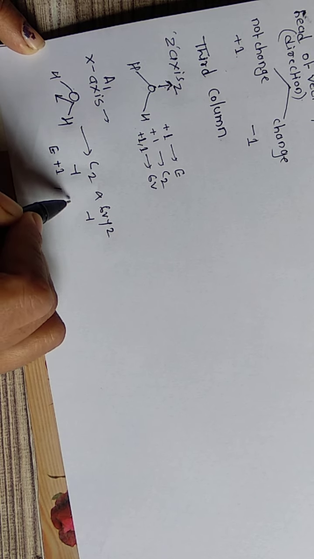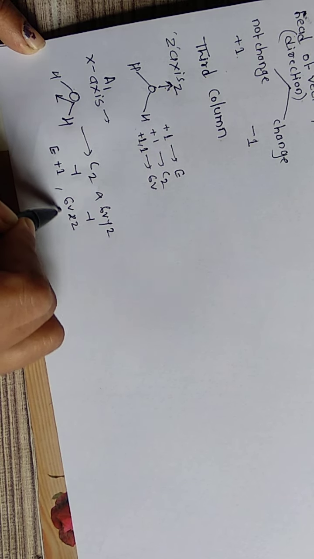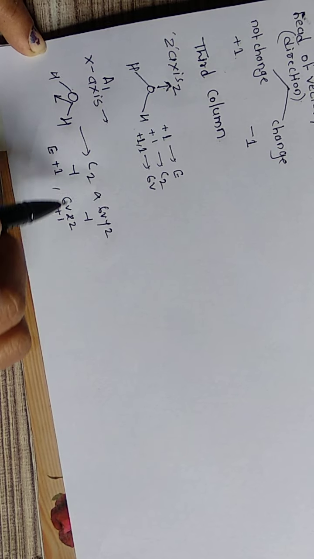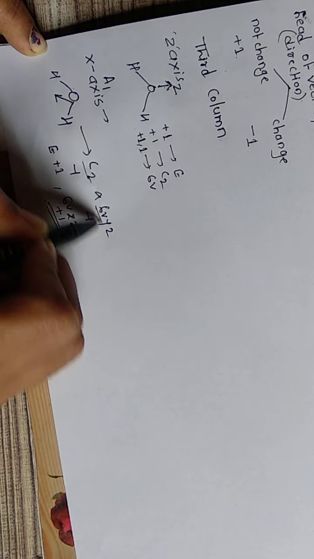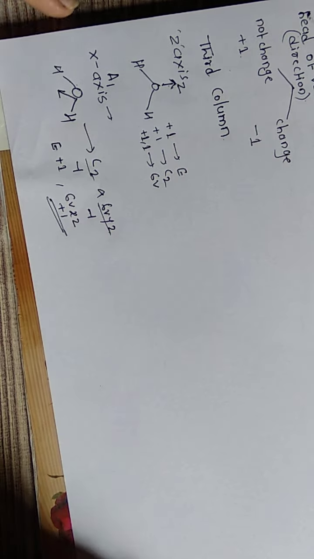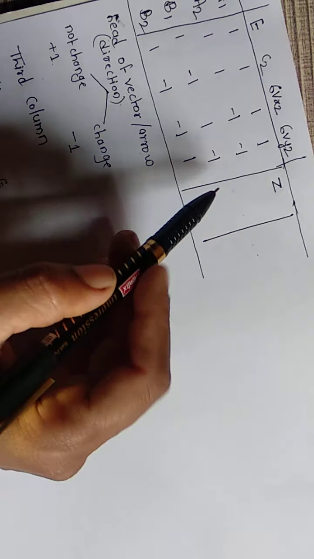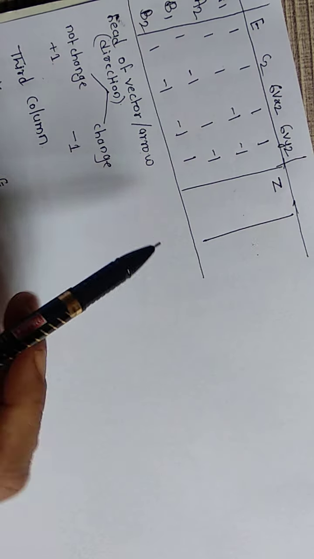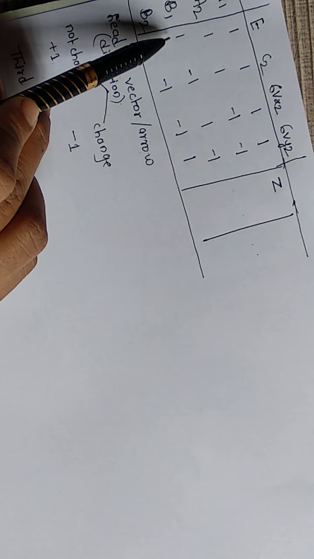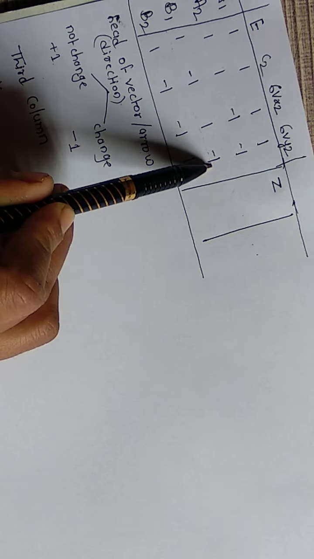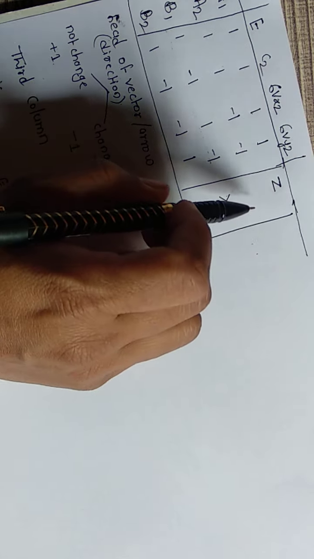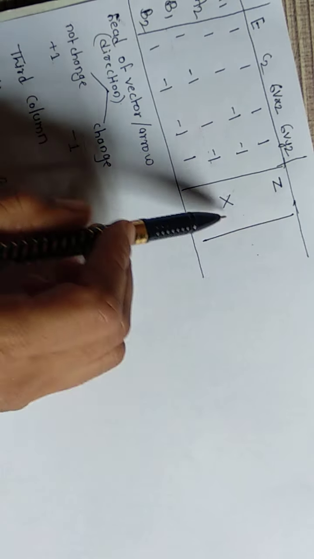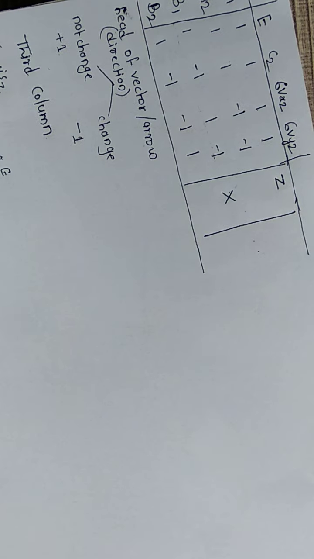Also sigma v xz is +1. So identity and sigma v xz are +1, and C2 and sigma v yz are -1. This belongs to B1. B1 is x. The Cartesian coordinate for B1 is x.